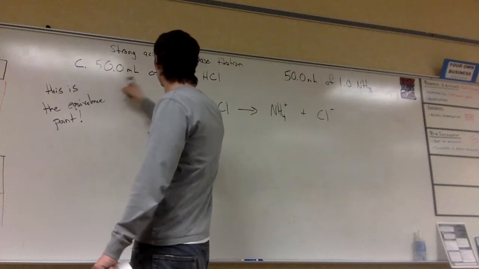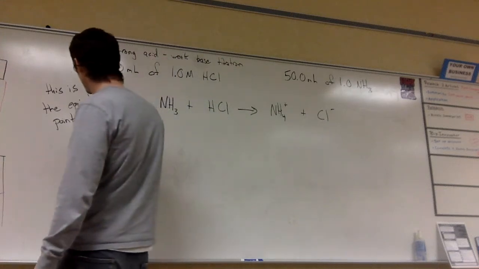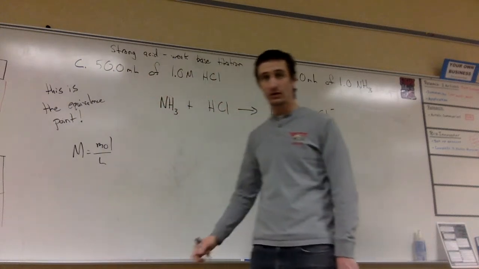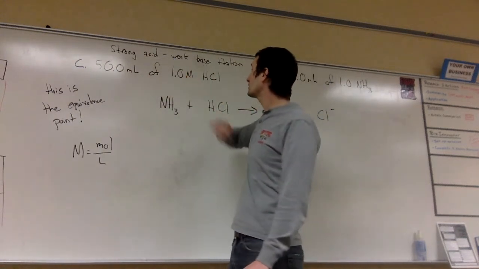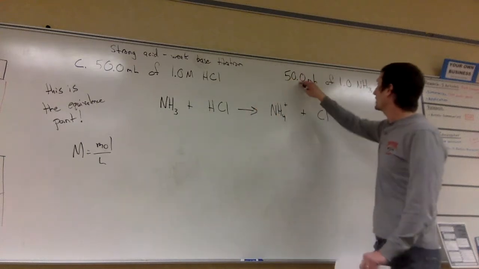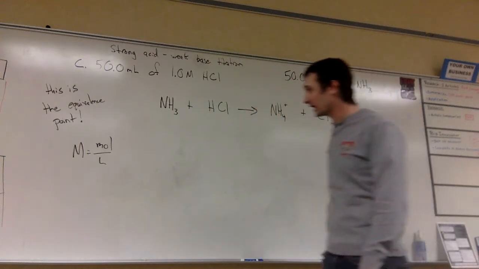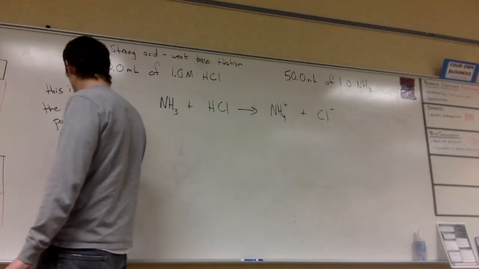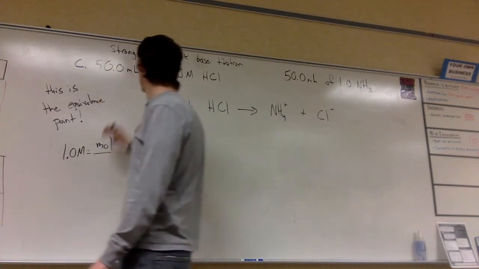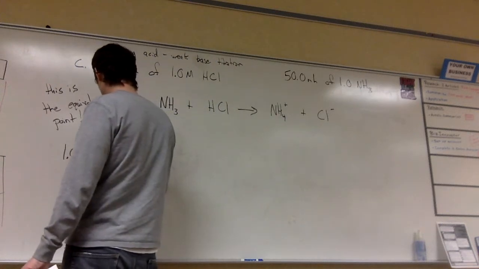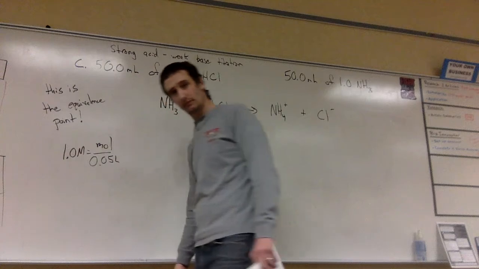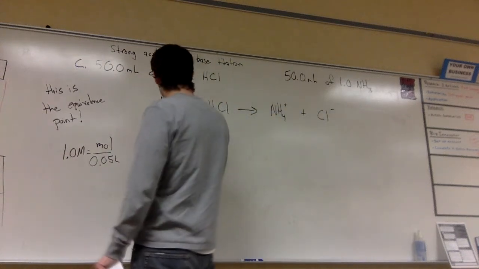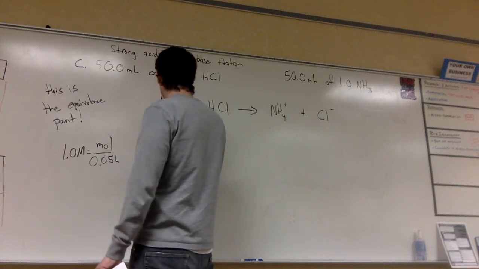And as I mentioned, we can use the molarity equation in order to get the number of moles of HCl, and likewise the number of moles of NH3. And so I know our molarity is 1 molar. Our volume, 50 milliliters, is 0.05 liters. And so I know the number of moles of ammonia, and the number of moles of hydrochloric acid, is 0.05.